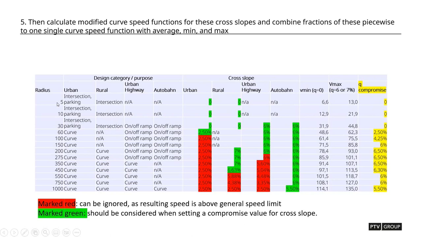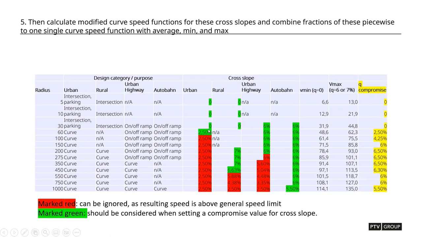And if we have a look at this, where does a radius of 5 meters occur? Does that occur on a highway? No, of course not. Even in urban settings, that's rare, but it can happen at intersections and if a car is parking into a parking lot or some other maneuvers on small spaces. And there, in such settings at intersections, we cannot assume that there is a systematic cross slope.